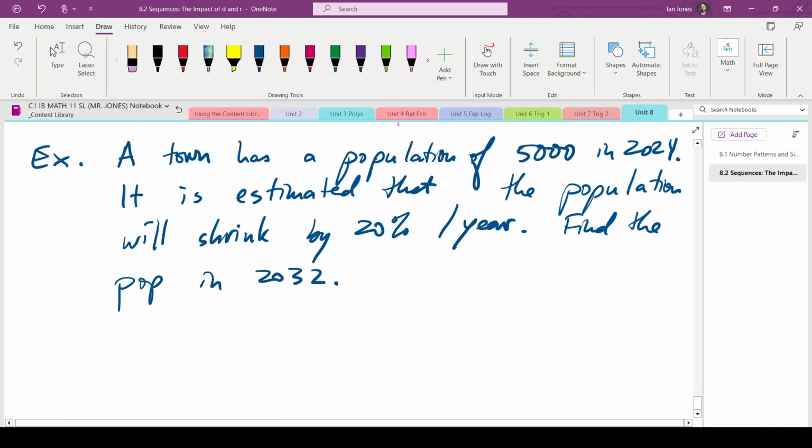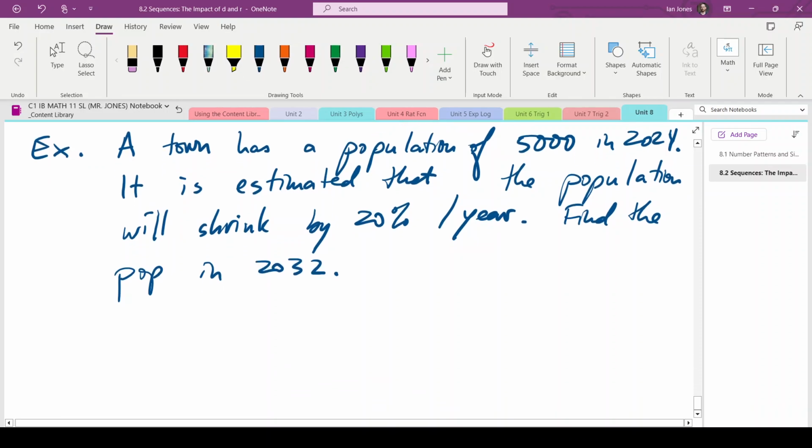Okay, now we could have had an identical question in our exponential unit. In fact, we did have extremely similar questions in the exponentials unit. Here, we're just looking at it in terms of a geometric sequence. Okay, so our first term is 5,000. That's U1. Our second term is going to be whatever happens after this population decrease.